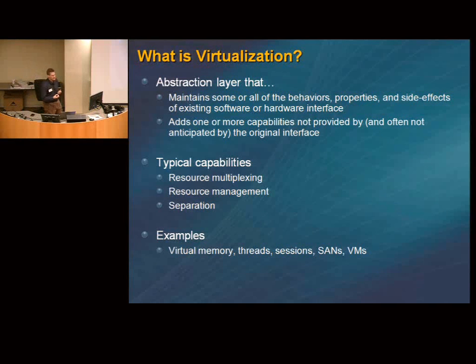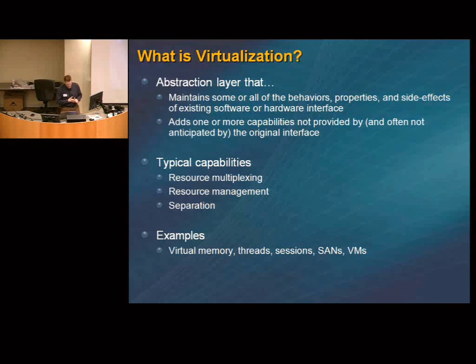Virtualization in general is taking some existing interface, whether it's between two software layers or between software and hardware, and abstracting it in some way, typically to add some capability that wasn't originally anticipated by that interface. For example, if you want to multiplex some resources that were originally not meant to be multiplexed, originally a single relationship, single consumer, virtualization is often a very logical way to accomplish that.